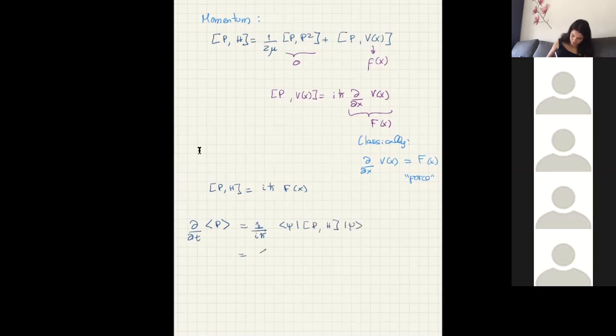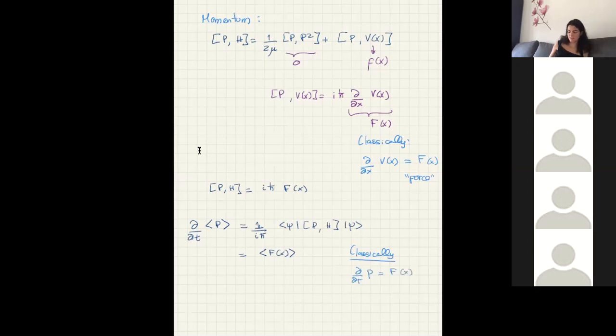So then this is just f of x. And again, classically, in classical physics, this is the case again, that the derivative of the classical momentum is the force.